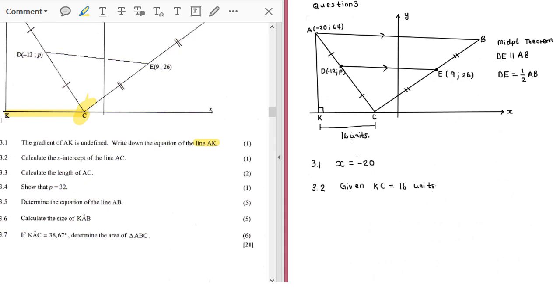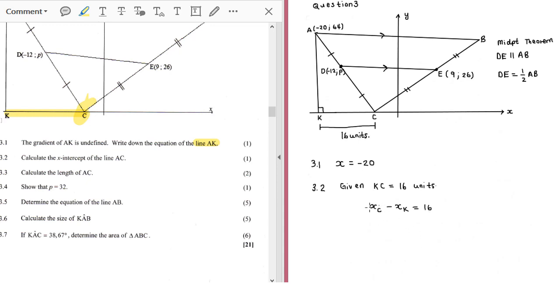So we can set up the equation that the x value at the point C minus the x value at that point K, which we know is minus 20, must give us a distance of 16.